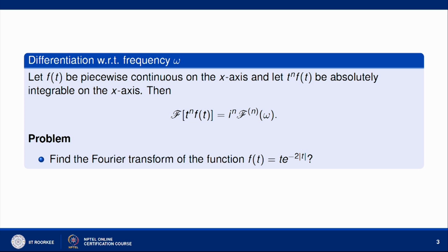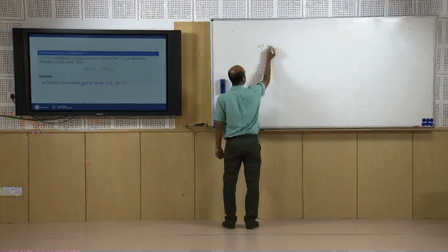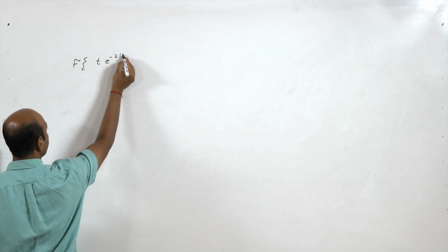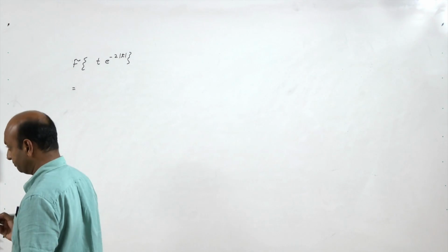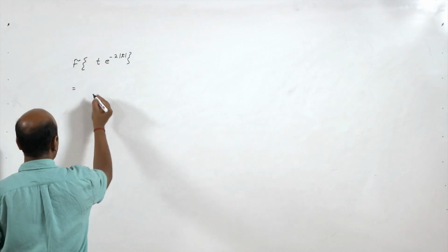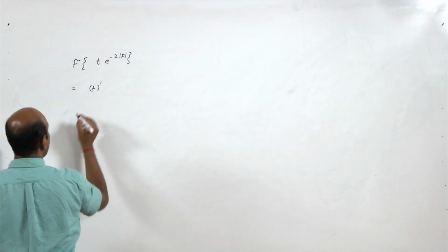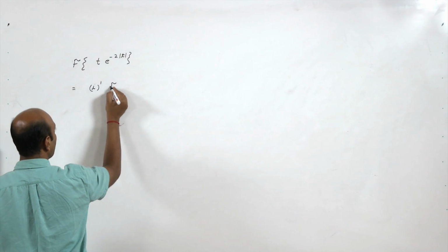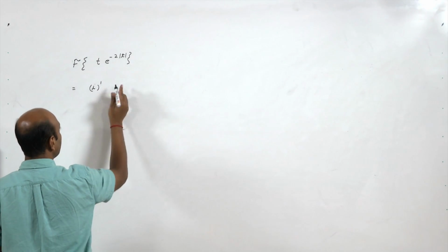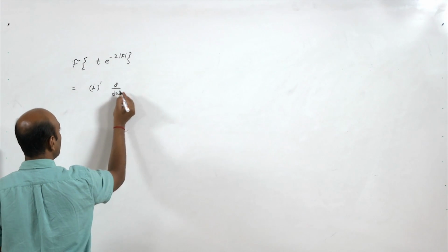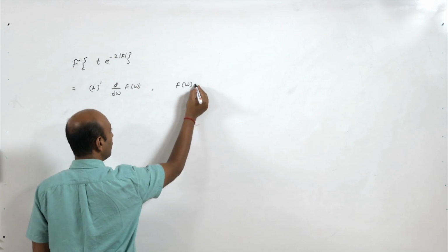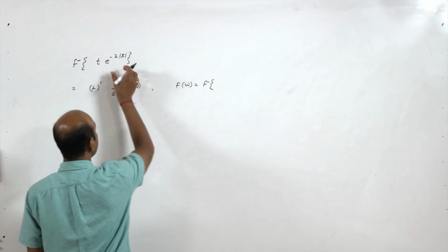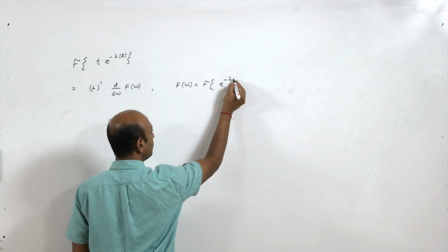Now, using this, suppose we want to find the Fourier transform of t e to the power minus 2 mod t. That will be nothing but, using this expression, iota to the power 1 because n is 1, into d by d omega of f omega, where f omega is the Fourier transform of f t, which is e to the power minus 2 mod t.